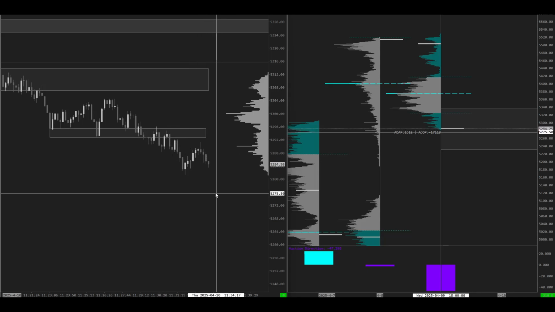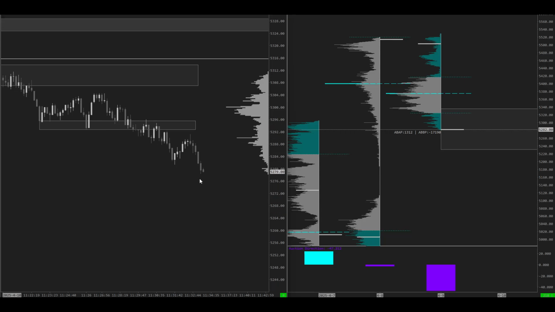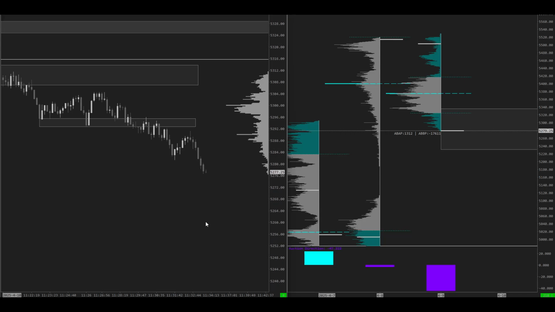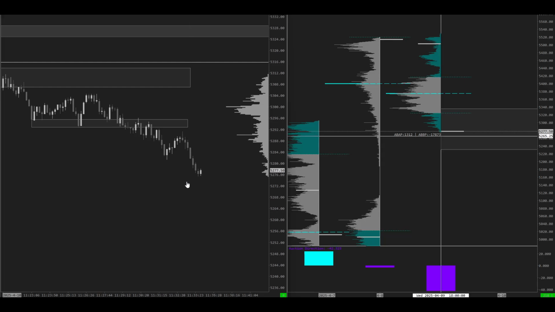Yet another rejection. Like the way it's pushing right there. Okay, we're triggering a little bit of a liquidation there when those bars start printing quickly.